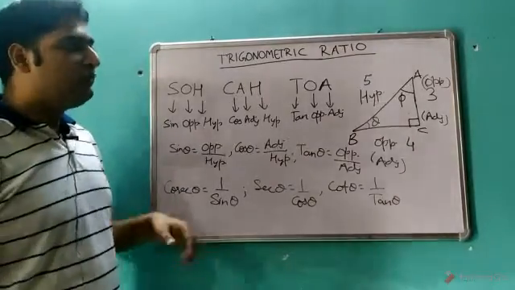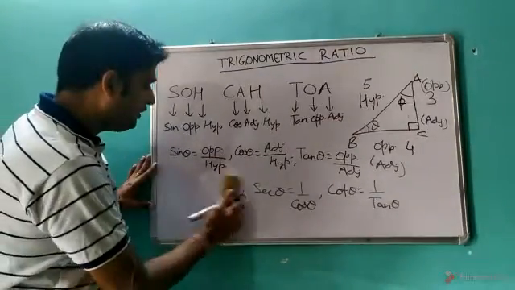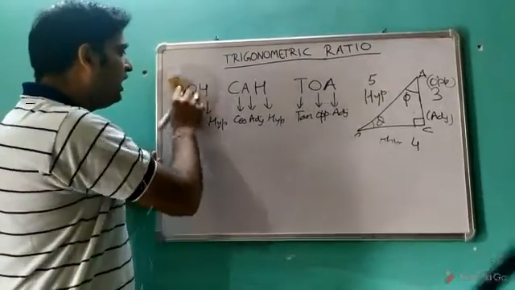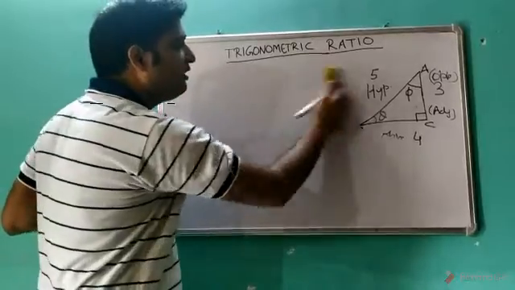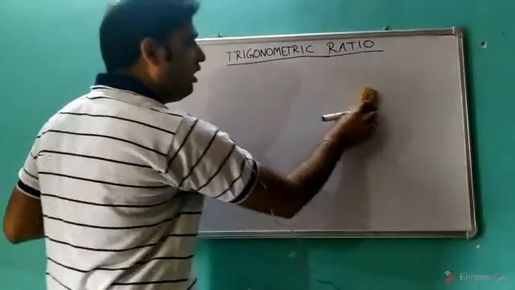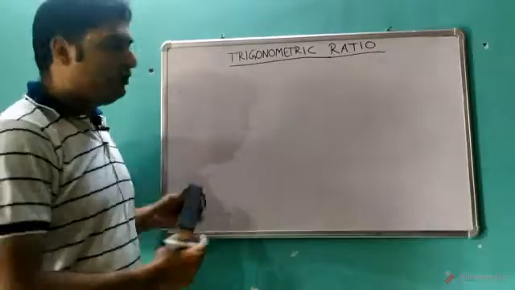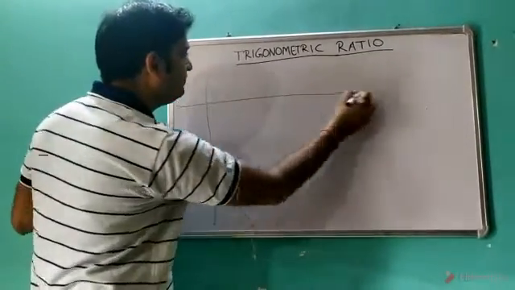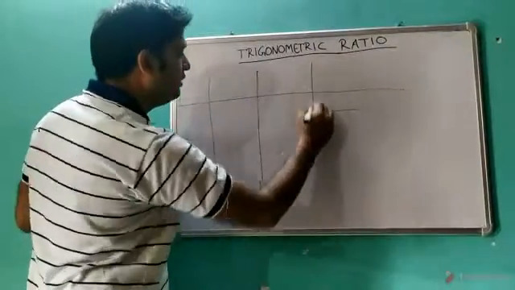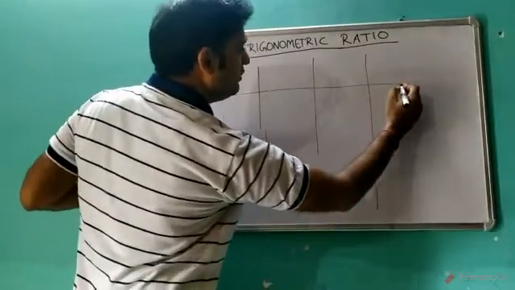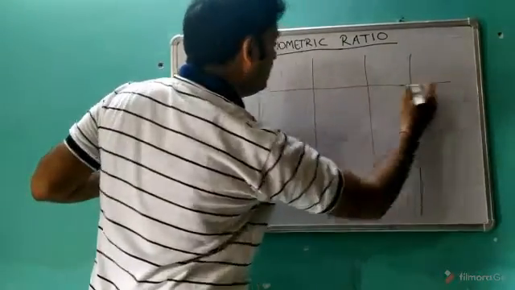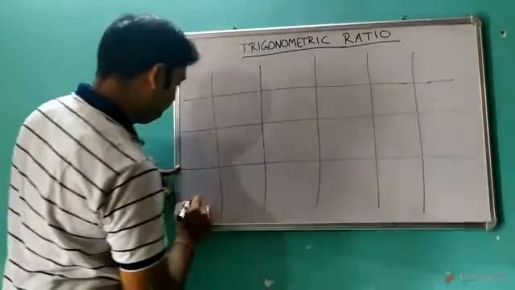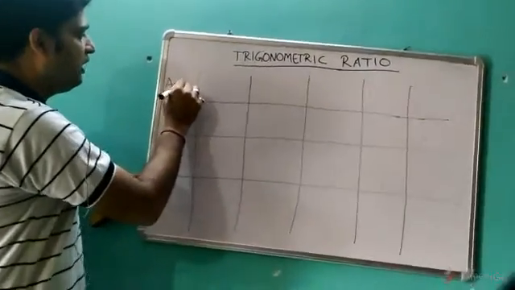Okay, next, one more thing we have to discuss here is generating the table which shows the sine, cos and tan values for different angles. So for that we have to generate a table. The table consists of basically five sections. This is our angle.